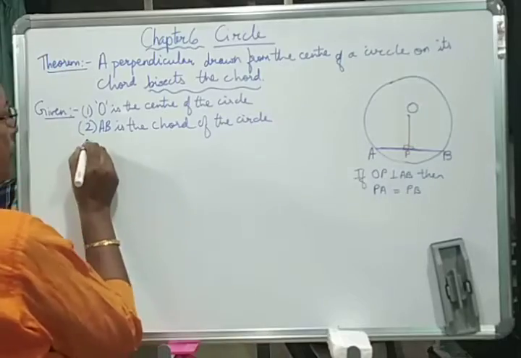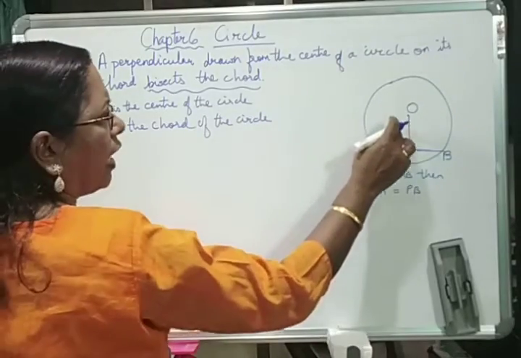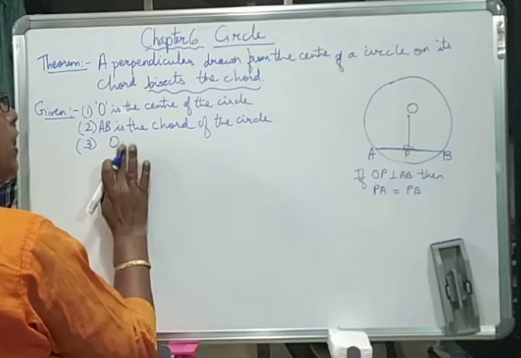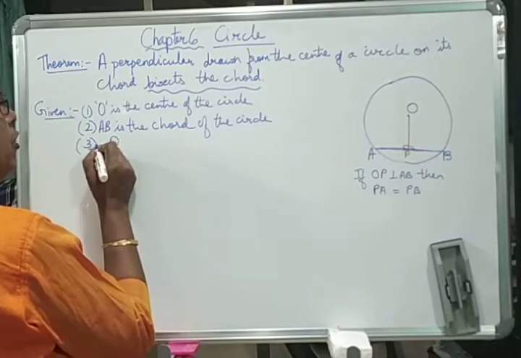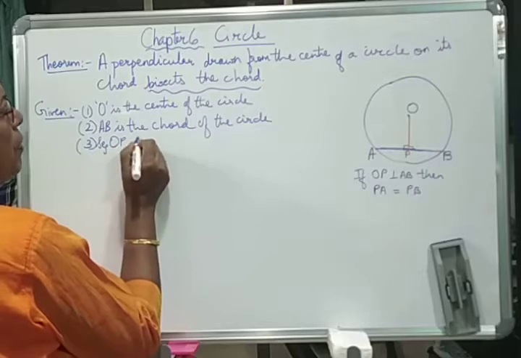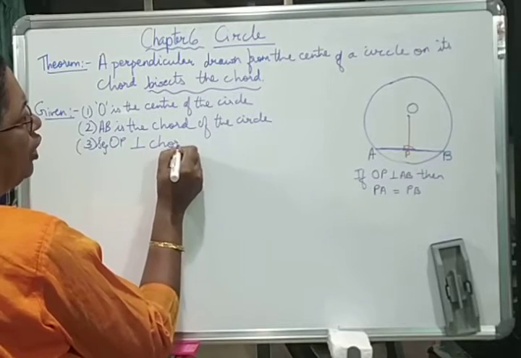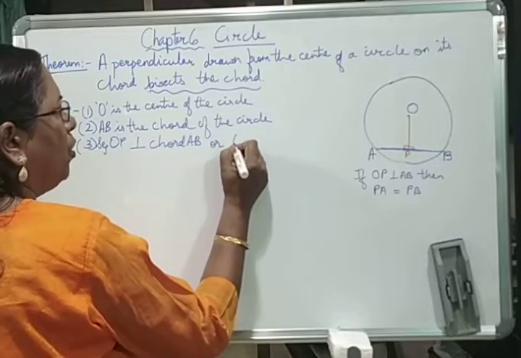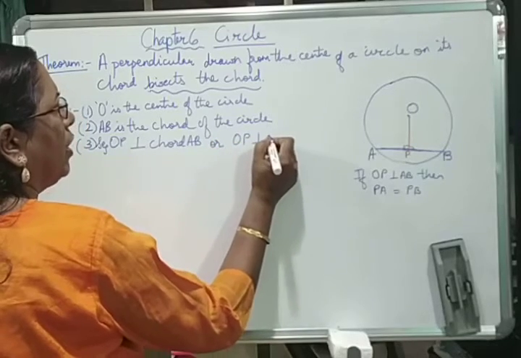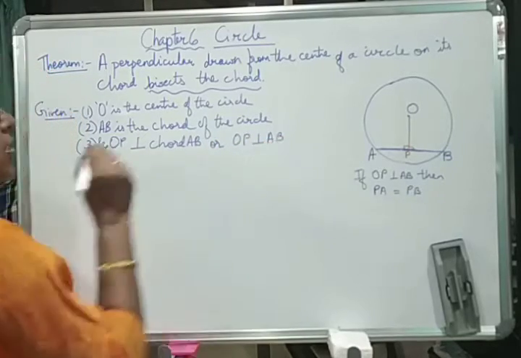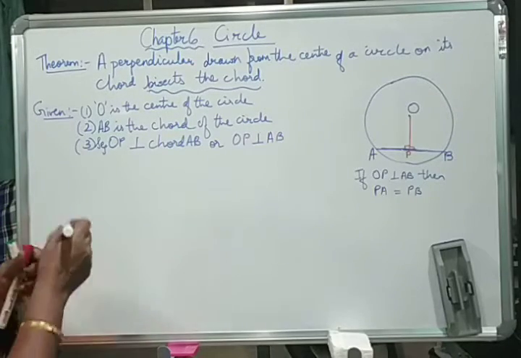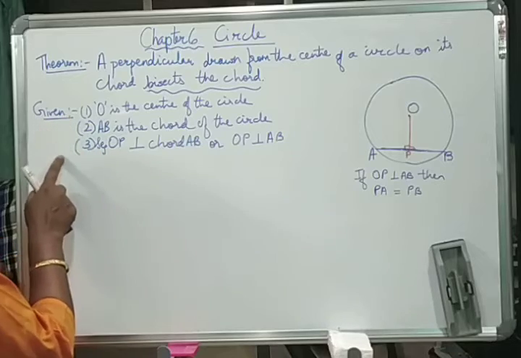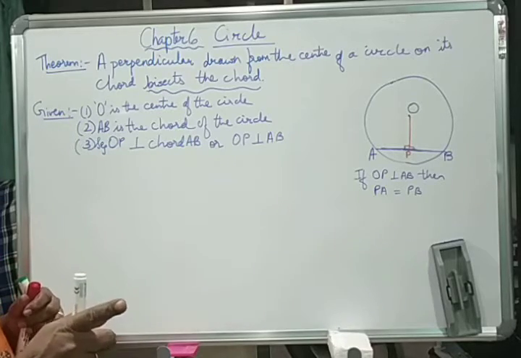Third, you have to tell that segment OP is perpendicular to chord AB, or OP perpendicular to AB. This is also right, boys. So you must remember there are 3 points for the given.